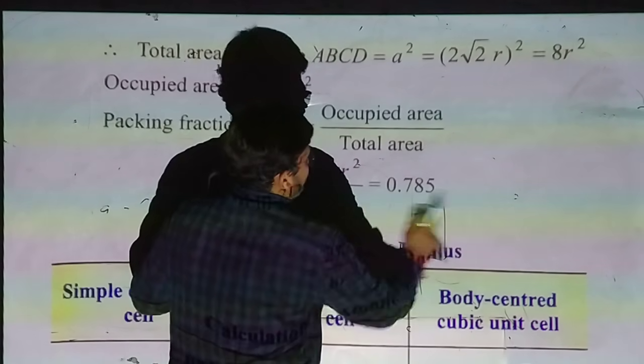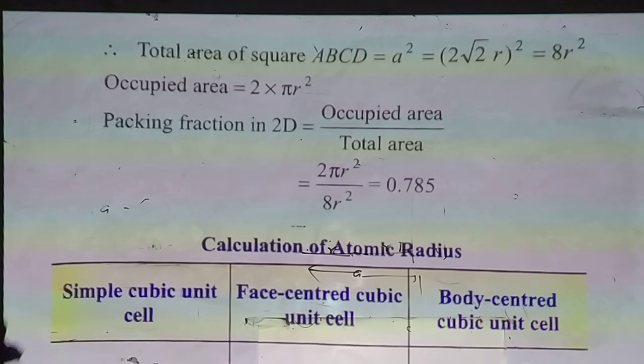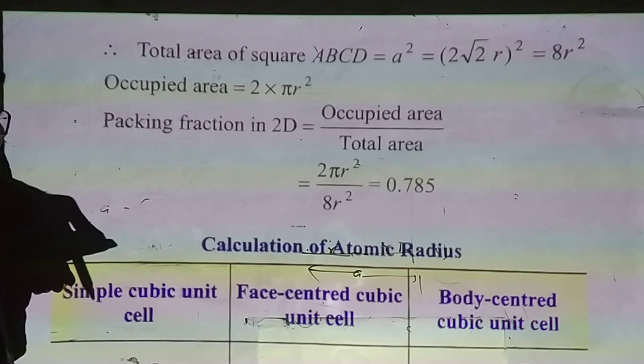So a square is equal to (2 root 2 R) square, so 8R square. And the area occupied by the circles.